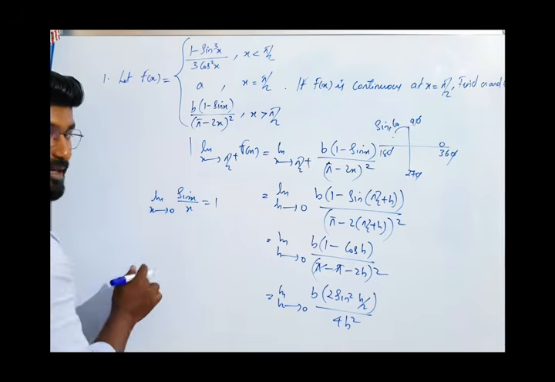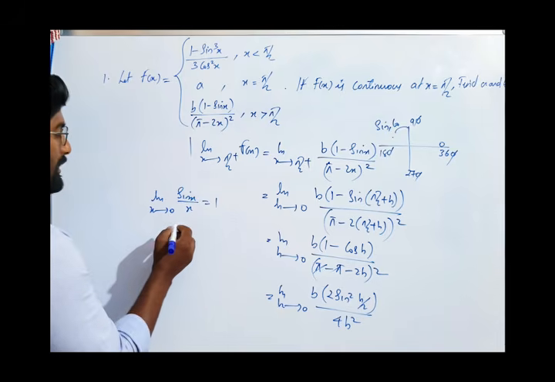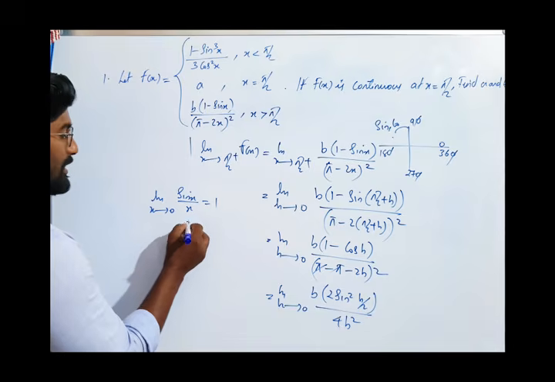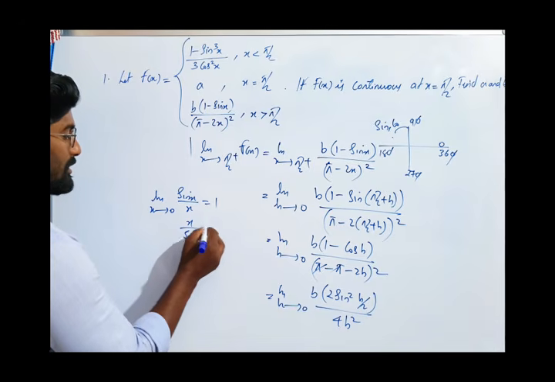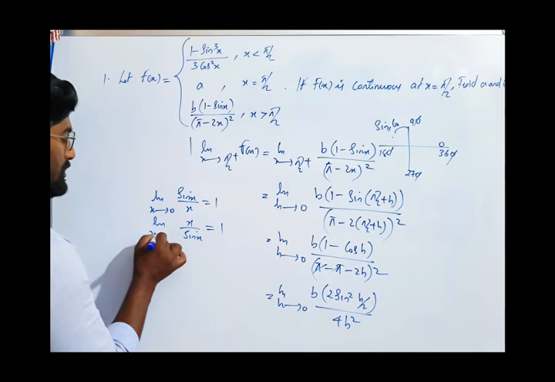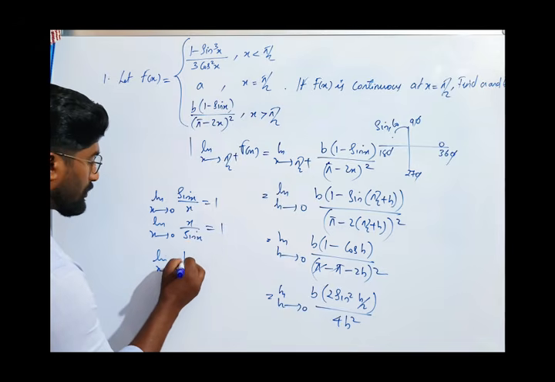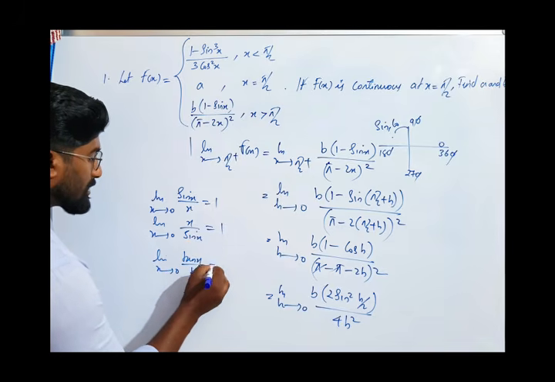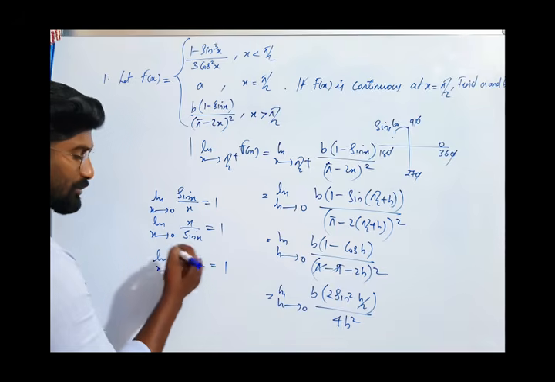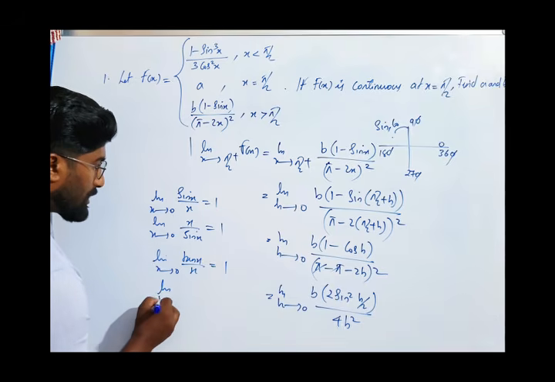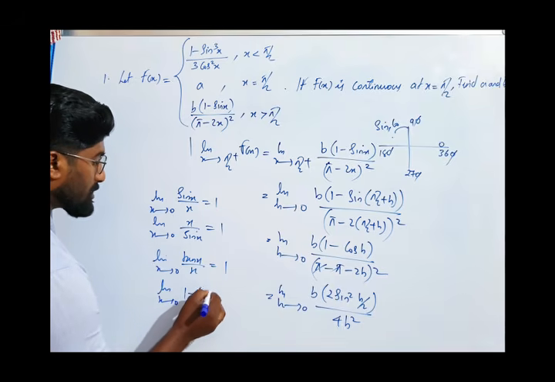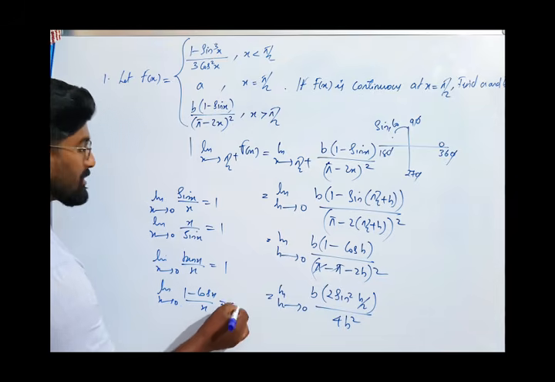Its reciprocal also gives the same thing, that means limit x tends to 0, x by sine x. This also gives the same result. Limit x tends to 0, tan x by x is equal to 1. Reciprocal also same. And limit x tends to 0, 1 minus cos x divided by x is equal to 0.